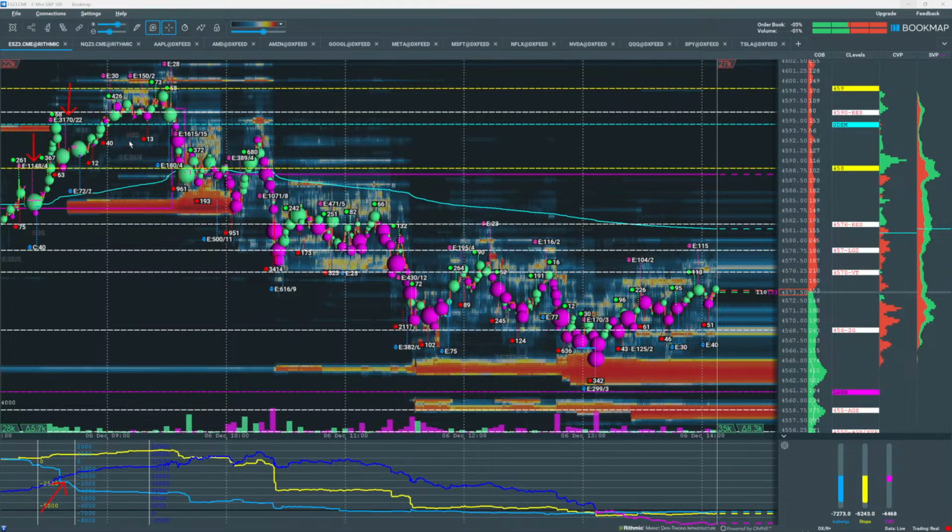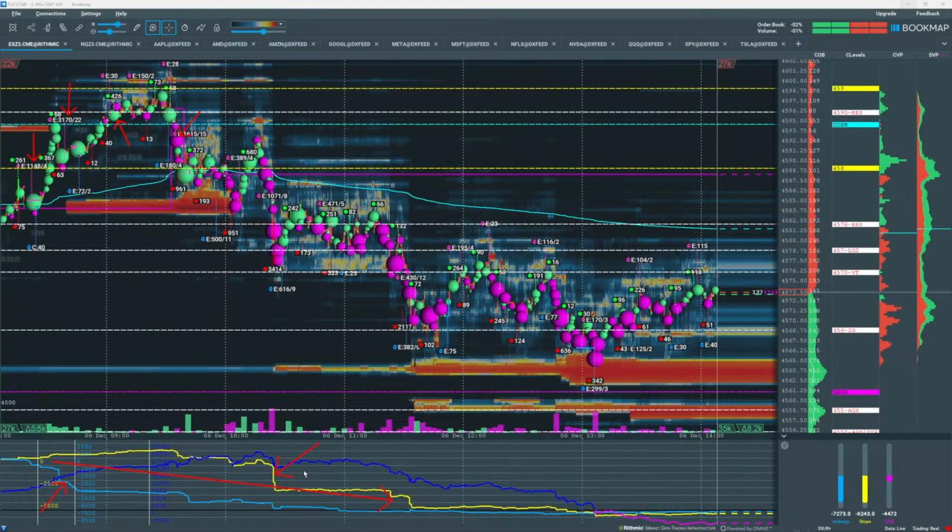The volume dots are showing market buy minus sell. Green dots indicate more buyers than sellers, and magenta dots indicate more sellers than buyers. And notice large traders continue to sell with iceberg orders. Also, sell stop orders, helping to fuel the move lower.